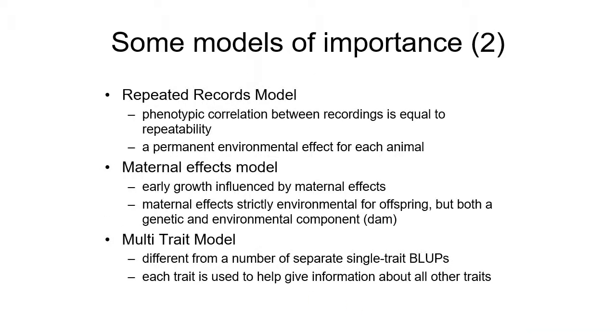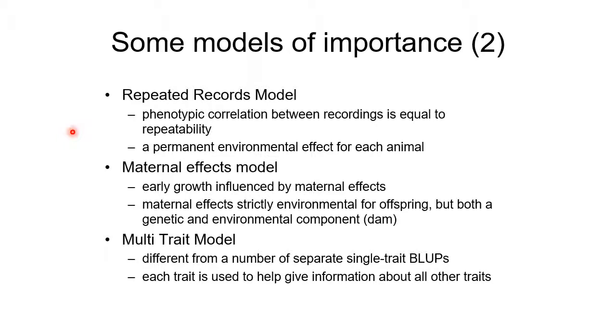Good. Just some other models then. The next model of importance is a so-called repeated records model. I can just use one example: repeated records in terms of lactation, first, second, third, fourth lactation. One can either fit a multiple trait animal model, and we'll talk about the multiple trait model, or you can see the lactations as repeated measures of the same trait, repeated year after year.